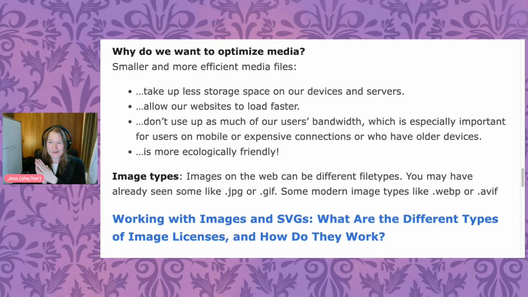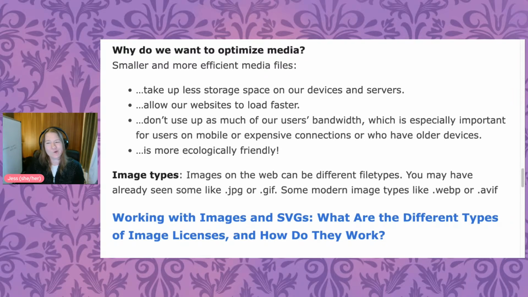The theory work we also said, just as a preview, is that some modern image types, some file types, some ways to save your image and then display it, could be .webp or .avif, which can be a lot more efficient.